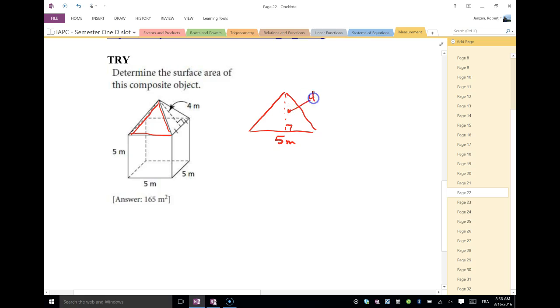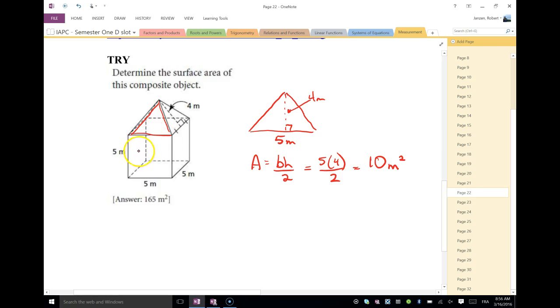is 4 meters. So, area of a triangle is base times height divided by 2, which is 5 times 4 divided by 2, which is 10 meters squared, since surface area is squared. Now, if you notice, there's not just one triangle.